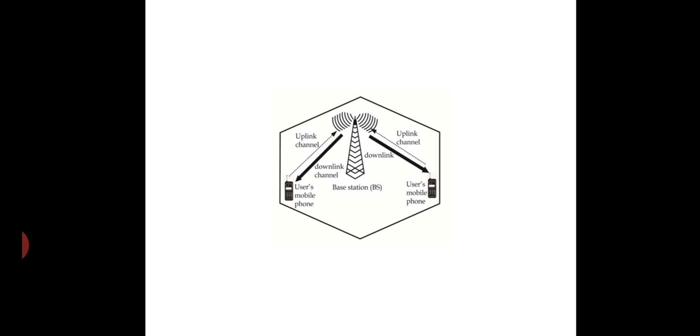The base stations are fixed stations. They can be located at the center or edge of the coverage region and consist of radio channels and transmitter and receiver antennas mounted on a tower.